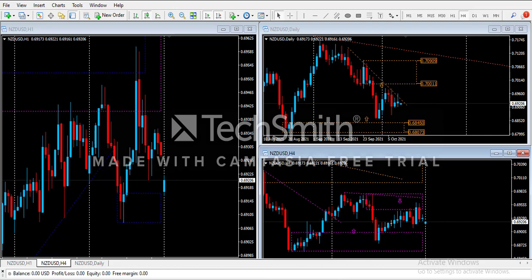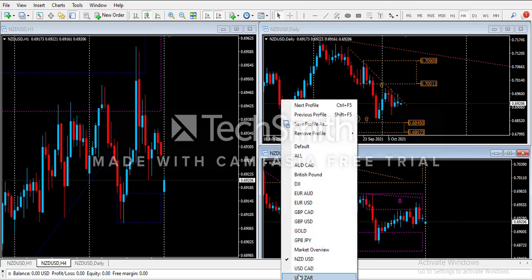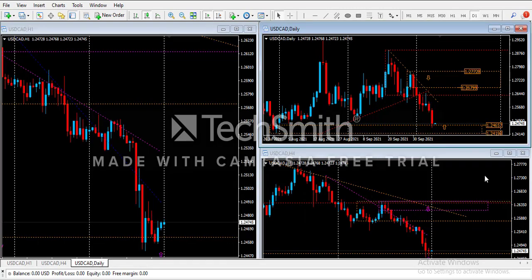Okay, so our next pair is USDCAD. Here it is. What we see. So we see that the pair is in the daily demand area, 1.2465, 1.2419, from which it's possible to develop an upward correctional movement to the supply area, 1.2679, 1.2772.